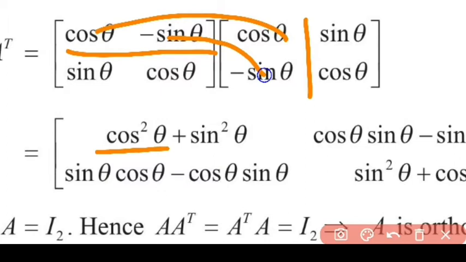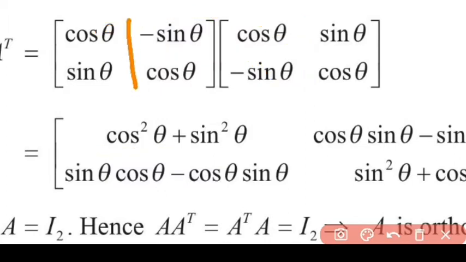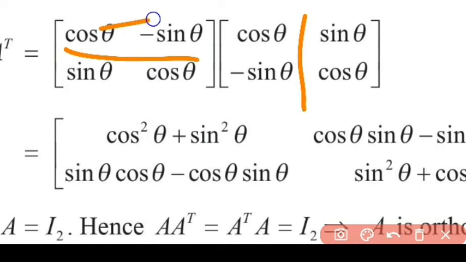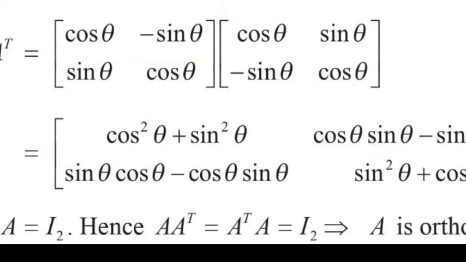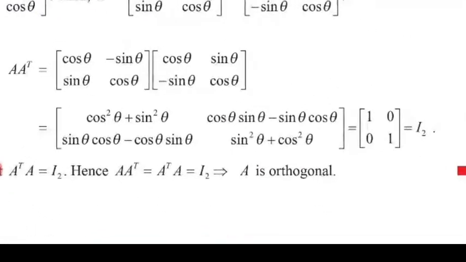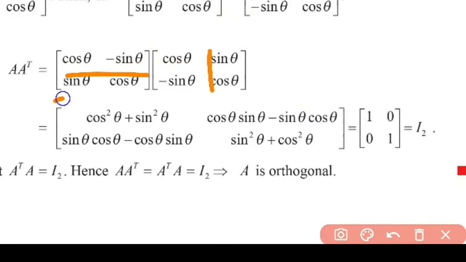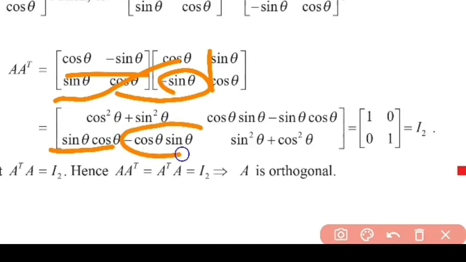Next, cos theta into sin theta, cos theta sin theta, minus cos theta into sin theta, minus sin theta cos theta. Next, sin theta into cos theta, minus sin theta into cos theta. Next, sin theta into sin theta, sin square theta, cos theta into cos theta, cos square theta.